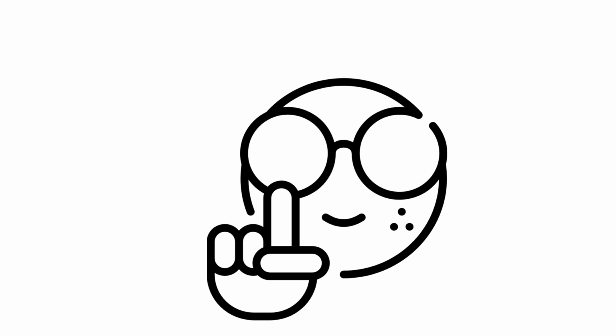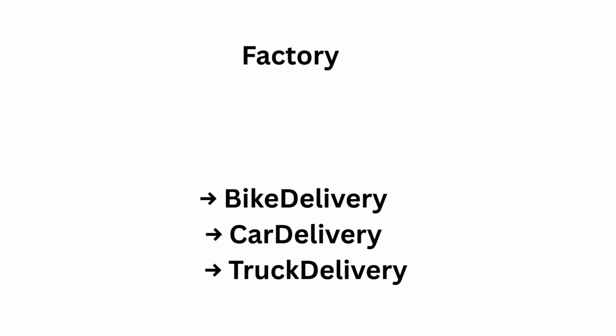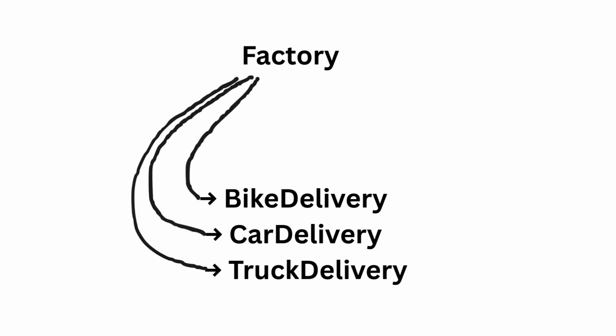Instead of creating each type manually in multiple places, we can use the factory pattern to handle creation. So I will show you the diagram. The factory decides which delivery object to create based on the order attributes. This makes the system more scalable. Adding a new delivery type requires changing only the factory, not the rest of the code.